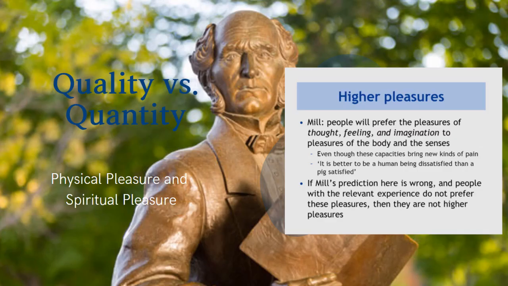Okay. John Stuart Mill was troubled by some criticisms of this theory. One of the criticisms is about quality and quantity, that is, about physical pleasure and spiritual pleasure. In his words, one of the objections to this theory, which troubled Mill, is the charge that it is based on a low view of humankind.